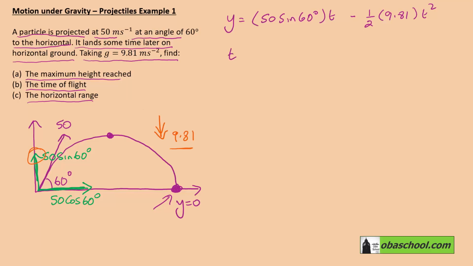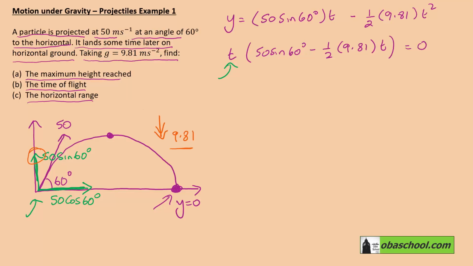So if we factor out a t, we've got 50 sine 60 degrees, take away a half of 9.81 t, that's going to be equal to 0. Now clearly this t could be 0, but that's when we're at the start.